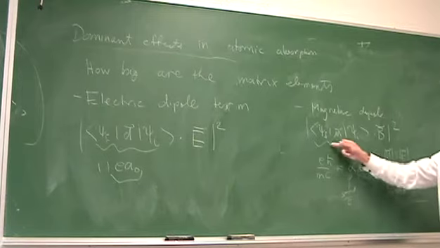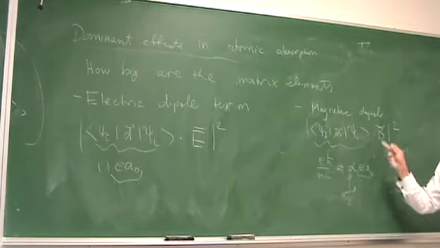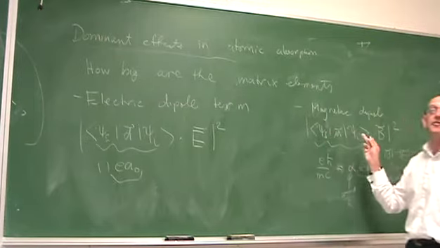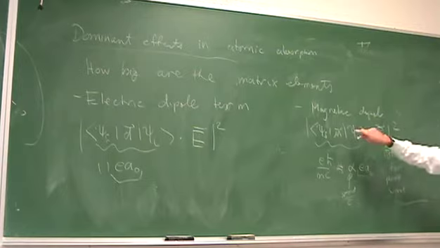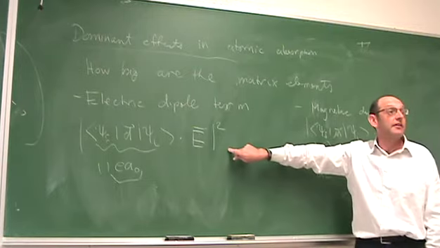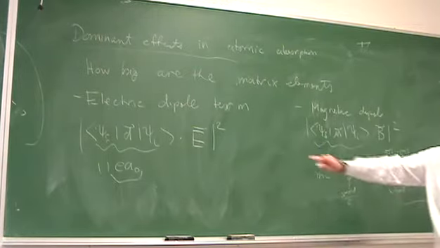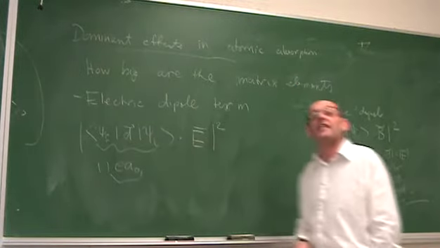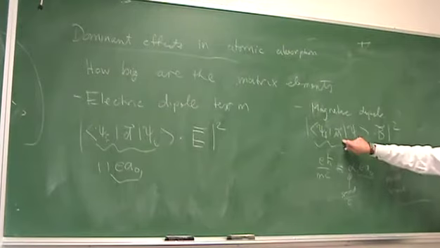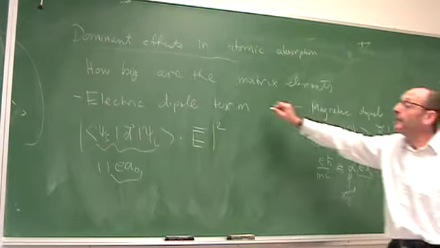This is a much smaller interaction strength. It's 137 fractional times smaller, squared, than this. So unless this dipole matrix element vanishes for some reason, the magnetic dipole interaction is a negligible contribution compared to the electric dipole. So this is the dominant effect.